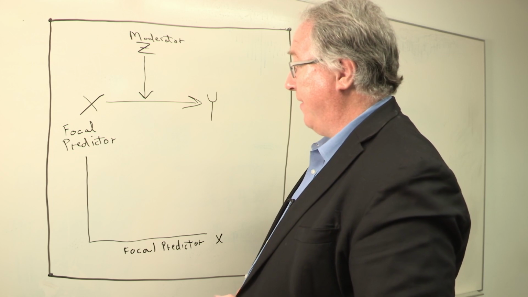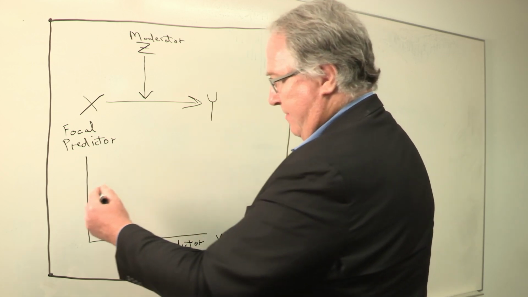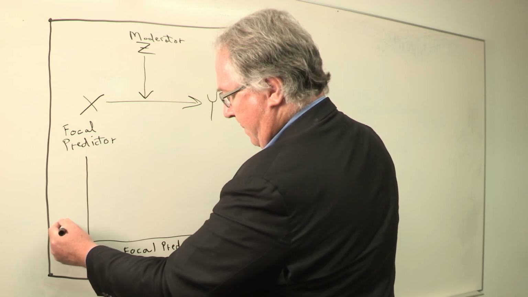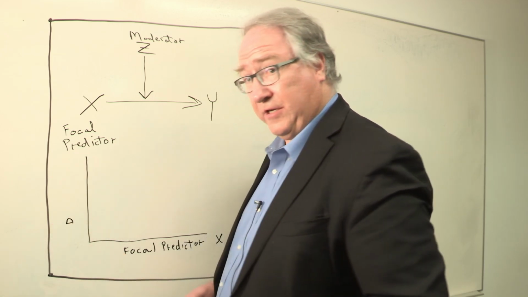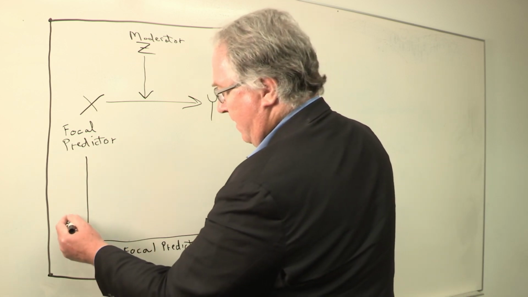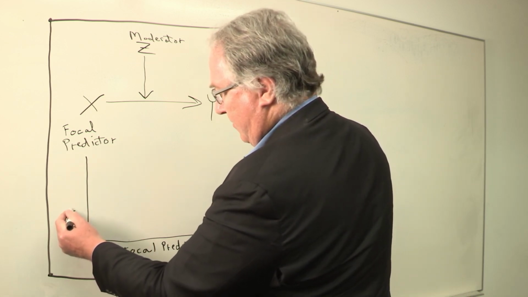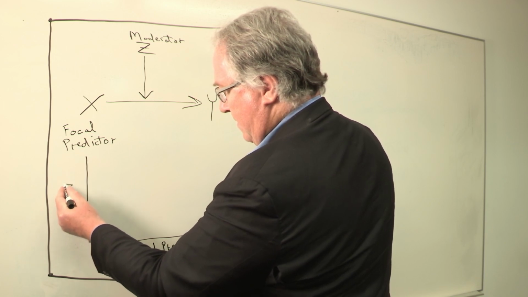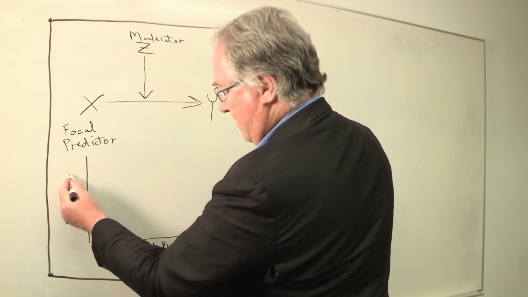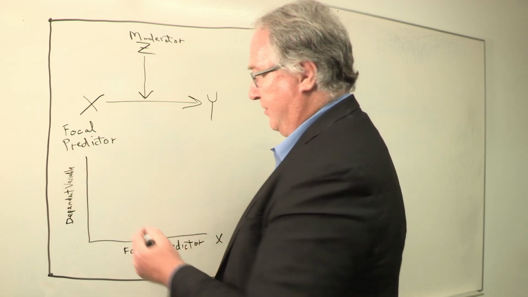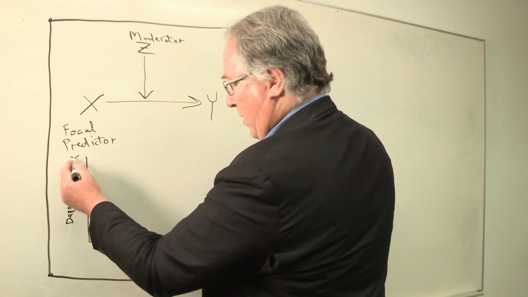And we have our dependent variable, in the context of regression often referred to as the outcome variable. So here's our dependent variable on our vertical axis, y.